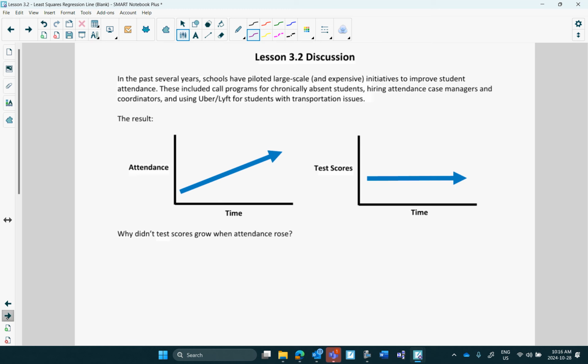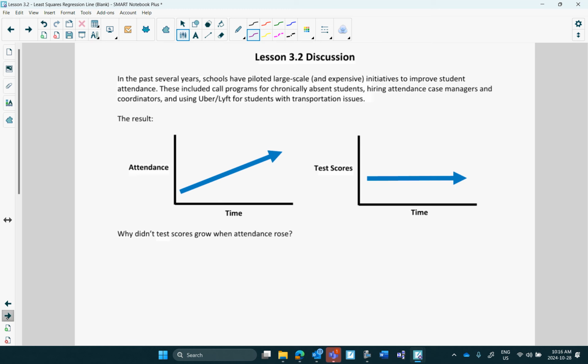Like last time we did our discussion, we talked about sharks and ice cream, right? And how the two, of course, one increases with the other, but they aren't directly associated with each other. Right, so this seems to suggest that attendance didn't affect the test scores, which suggests that maybe there are some other factors at play.